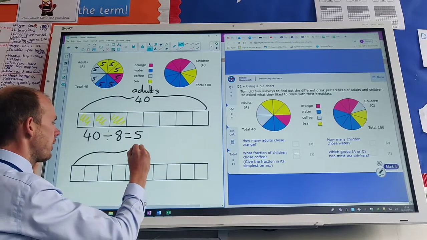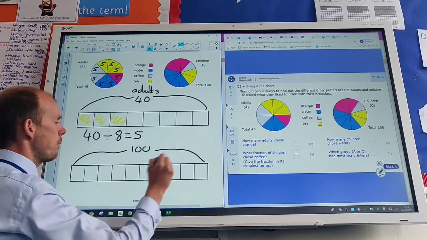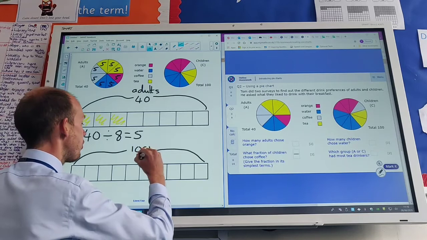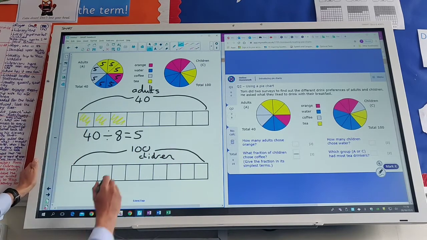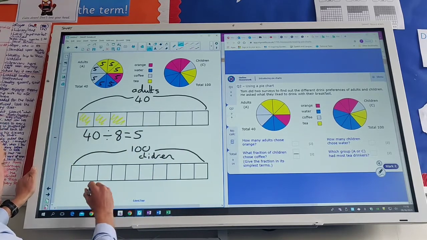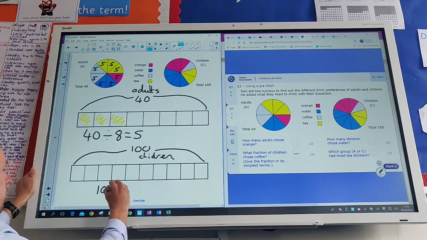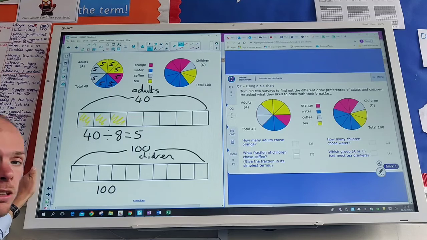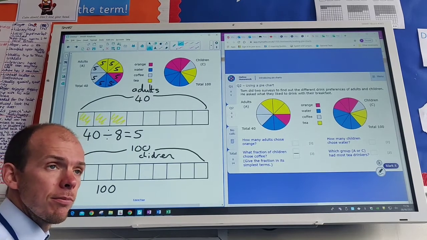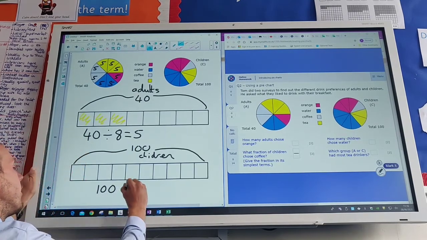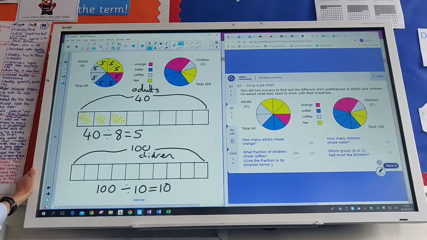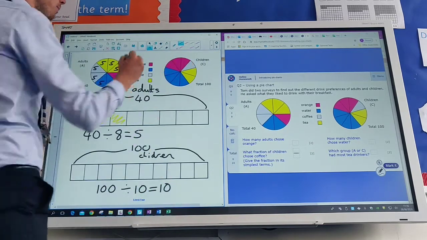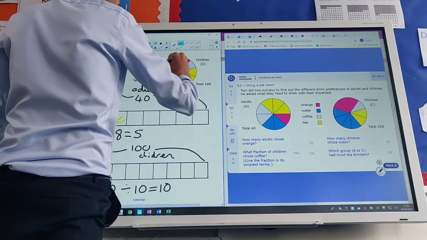So this bar again, it's very similar to the pie chart, is 100 children. To find out what one part is, how many children that represents, we would divide it by the number of parts, which is 10. And that means that each box or each part of my pie is worth 10.